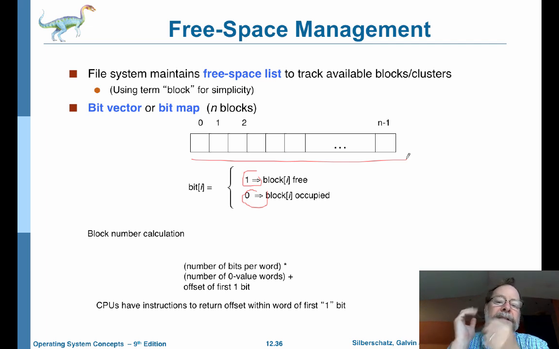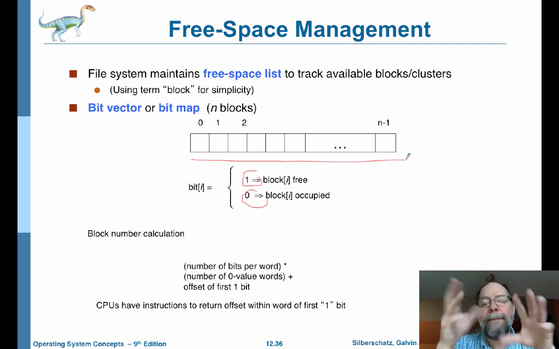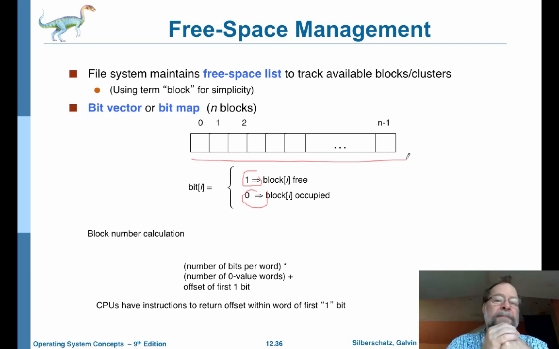It's relatively easy to find chunks of free space this way, because typically we're accessing the contents of our bitmap a word at a time. Words are usually like 4 bytes or something like that. And most machine code languages provide an operation which can tell you if a word is 0 or not.